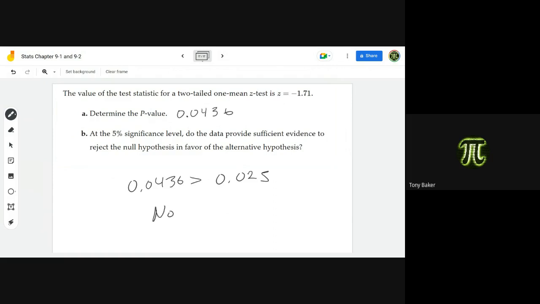So we cannot reject. Just remember, for a two-tailed test, you cut the significance level in half. I think that makes more sense than saying you double whatever you got. Either way will come out to be the exact same answer. But if you have two tails, you cut your significance level in half because you have half on each side.